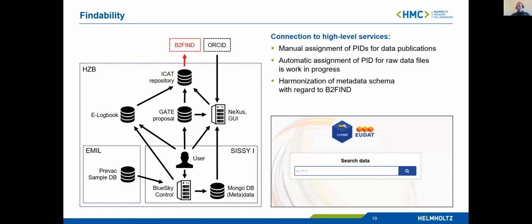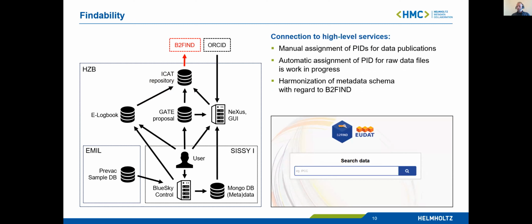But now we must increase the findability outside of the HZB, and for this we make a connection, or are currently working on a connection, to a higher level service, B2Find, which is a global search engine. A prerequisite for this is the automatic assignment of PIDs to these raw data files.